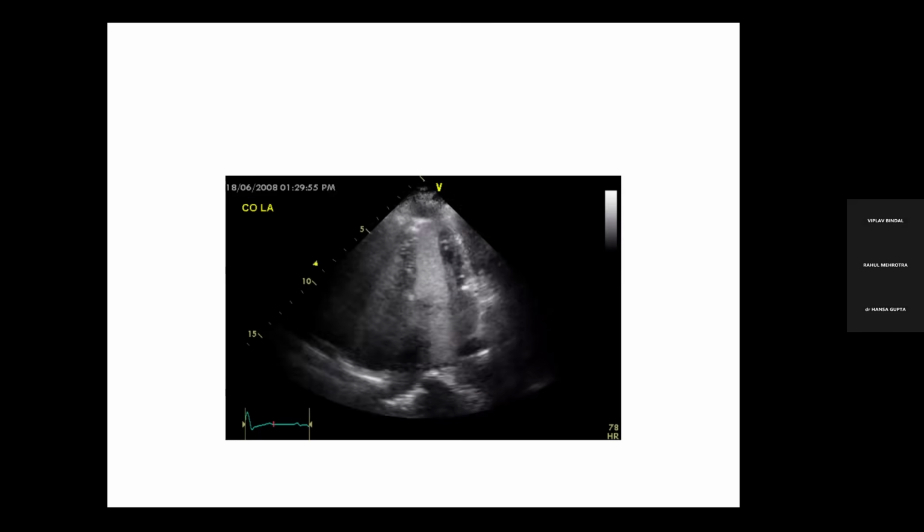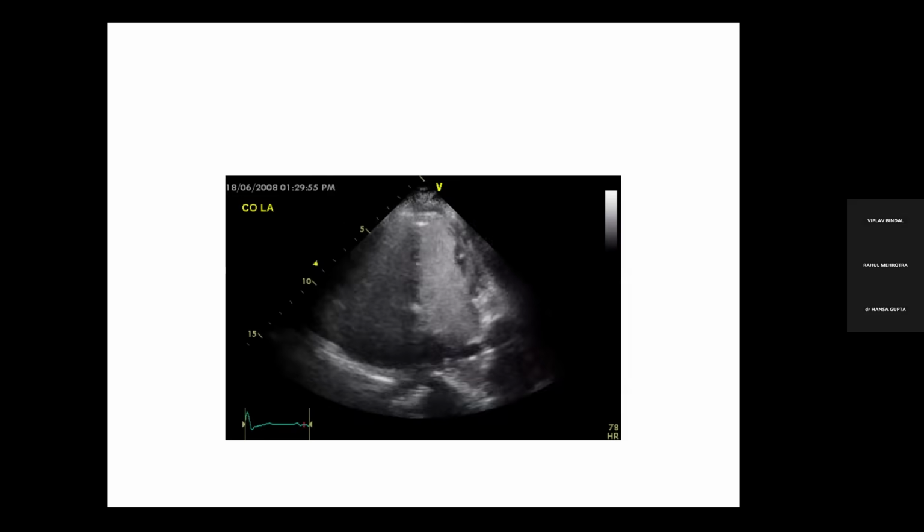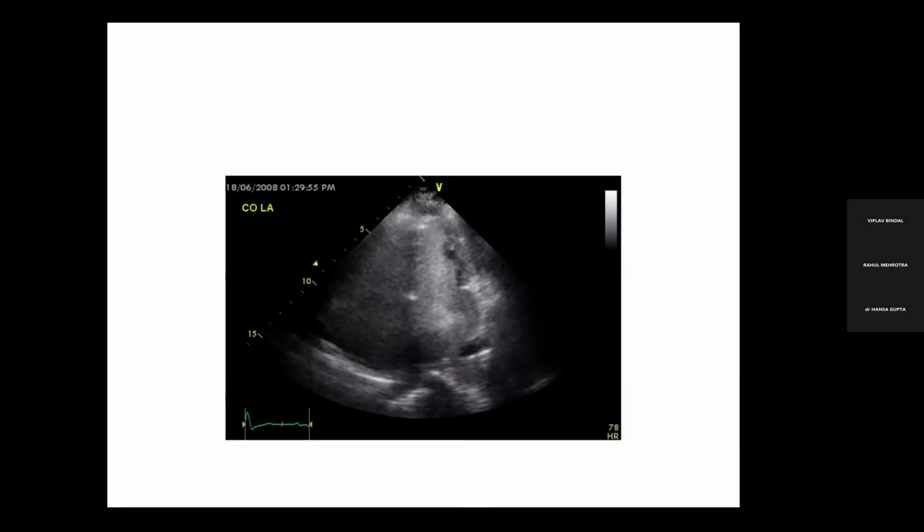What we used to do at that time was push in whatever we had, mephentermine, adrenaline, and raise the blood pressure to very high limits. We did the same thing in our lab and jacked up the blood pressure to more than 220 millimeters of mercury. All these bubbles were gradually washed out and the patient came out comfortably. Within a couple of minutes, the BP came up, the saturation came up, and the heart rate came up.